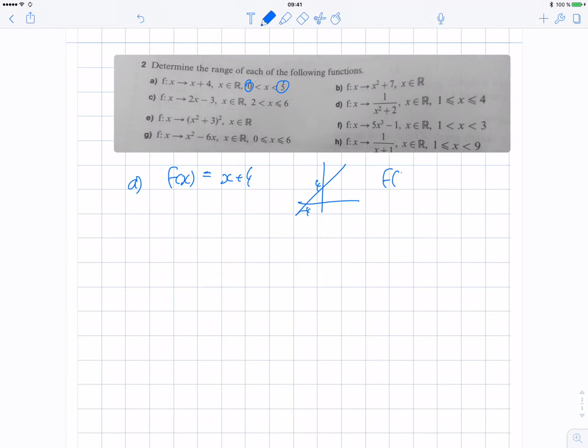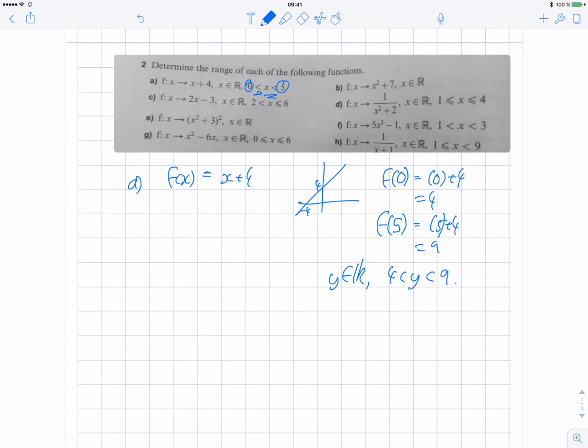So I put in x of 0 in here, I get 0 plus 4, which is equal to 4, and the largest value is when x is equal to 5, which is 5 plus 4, which is equal to 9. Now, because it's not included, it's going to be y is a set of real numbers between 4 and 9.